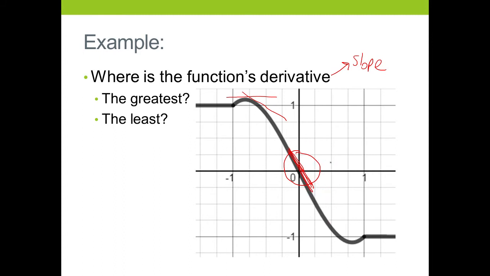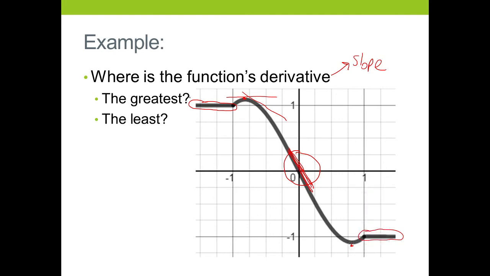Now where's the slope of the tangent line the smallest? The smallest slope we can get is 0. We have a couple of regions of 0 slope. We have a 0 slope here, we have a 0 slope here, and we have a 0 slope right at the tip of that arch and right at the tip of this arch.